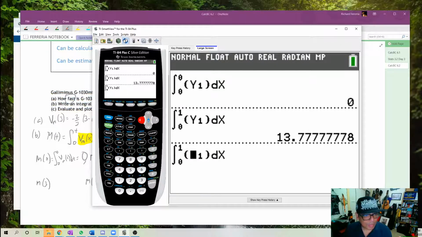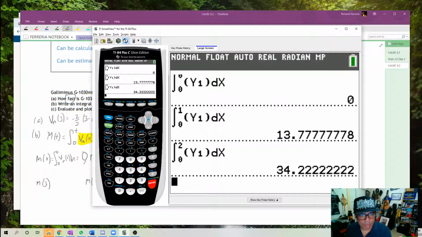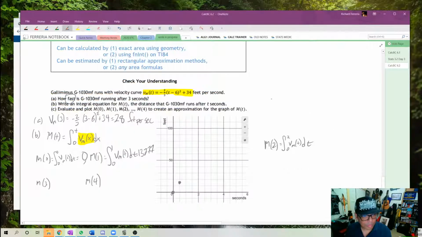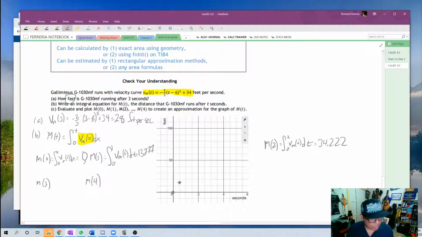Call up that last function, change this to a 2, and I'm getting 34.222. So at t equals 2, I'm getting about 34.